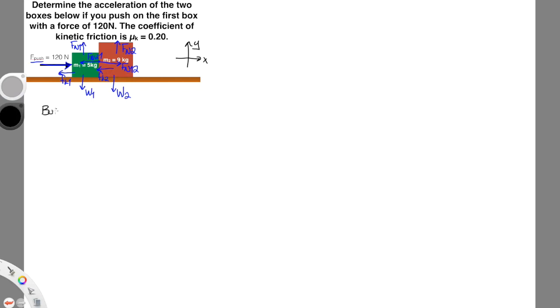For box 1, we have the push force acting to the right, weight 1 acting down, Fn1 acting upward, the force of friction, Fk1, acting to the left, and the force of box 2 pushing on box 1, also acting to the left.